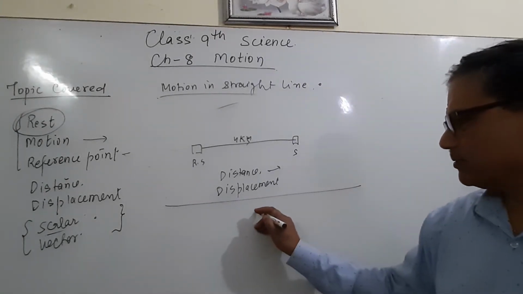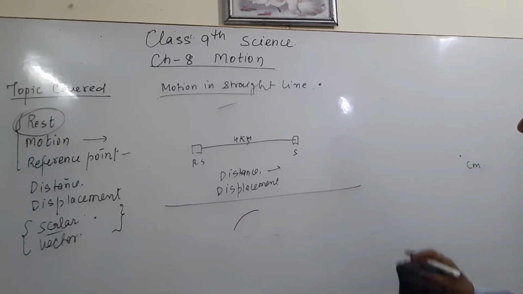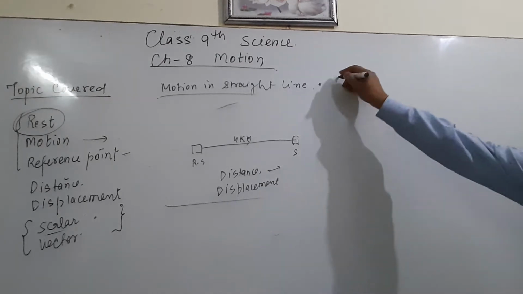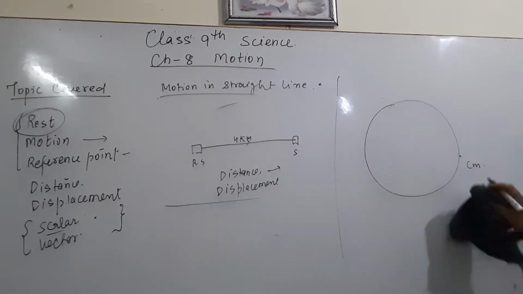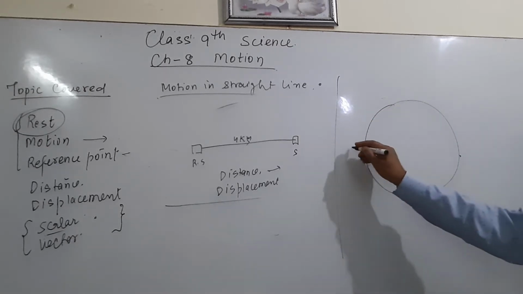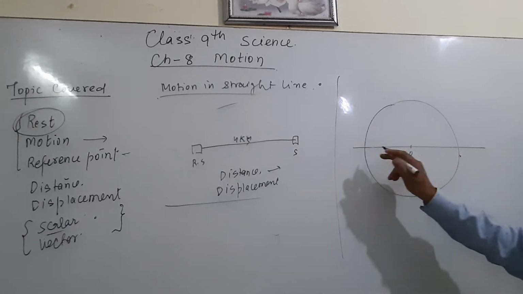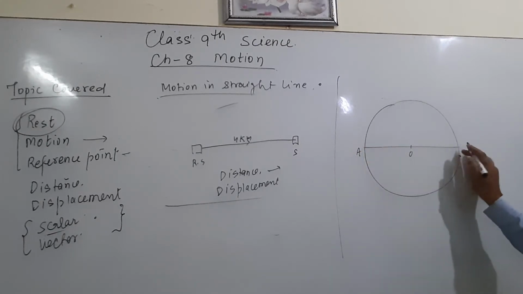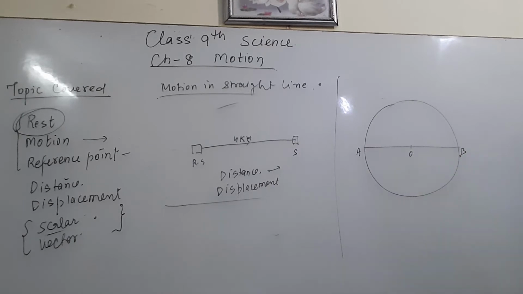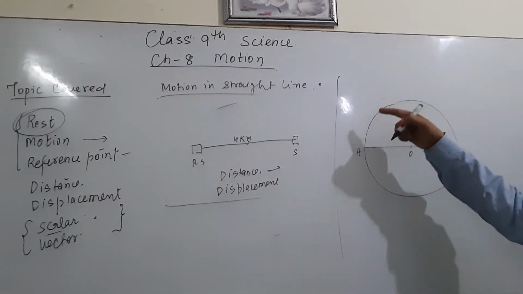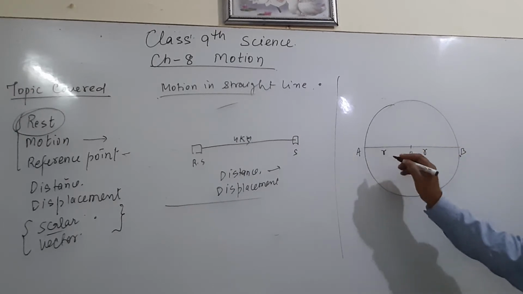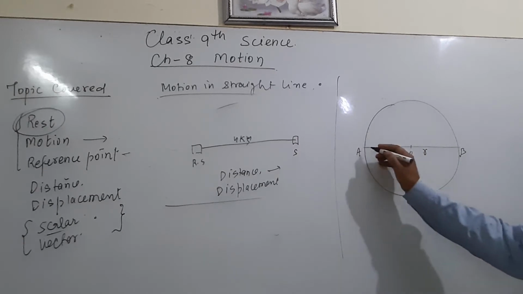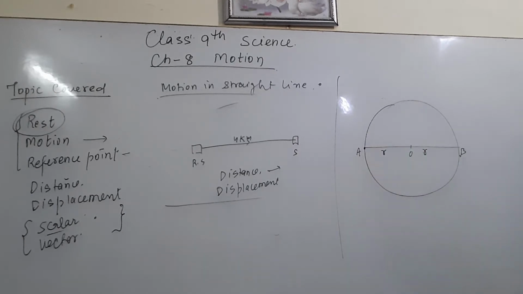Now tell me, the circle. What is this? The center of this circle is O, and OB is the radius r.